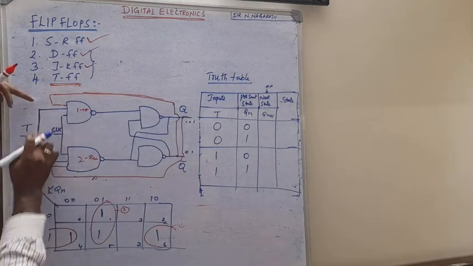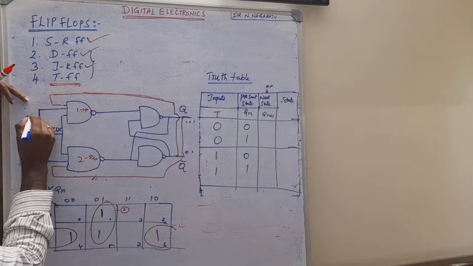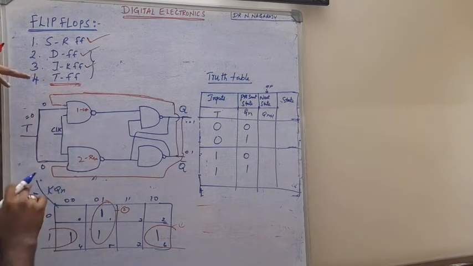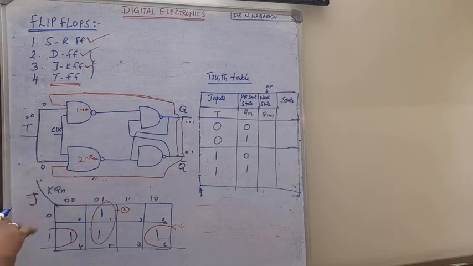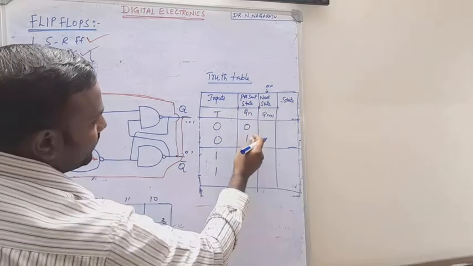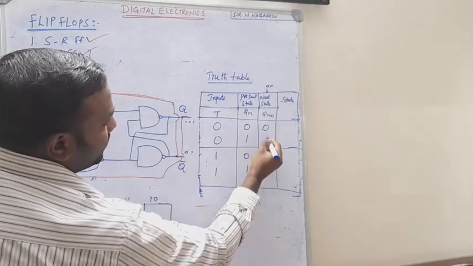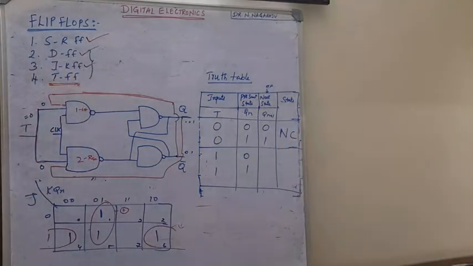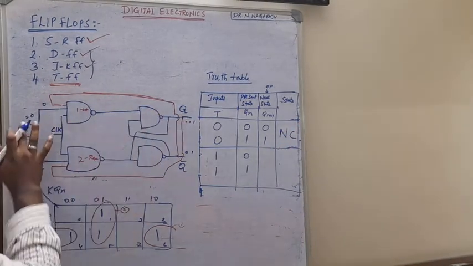If T is equal to 0, both inputs are 0, whether J and K or S and R, both are the same. So that is the no change state. Whatever the present state is will be retained. This is condition number 1.